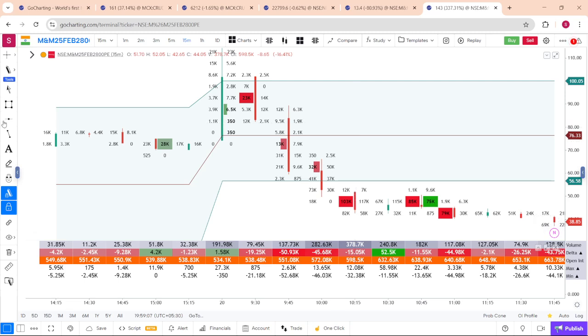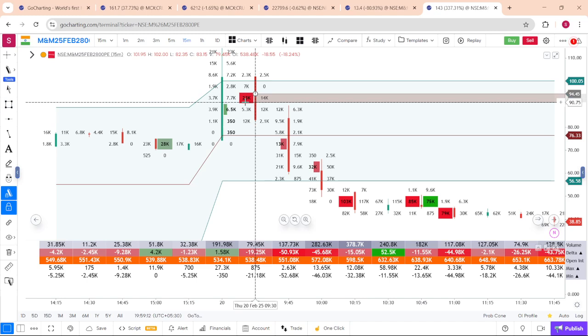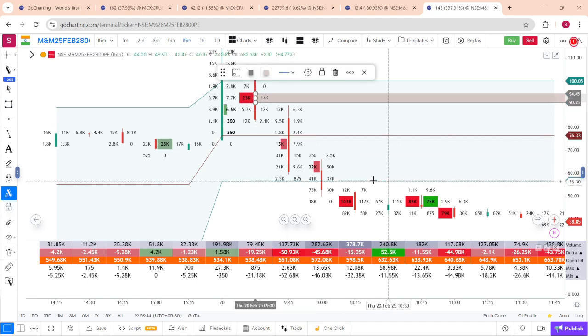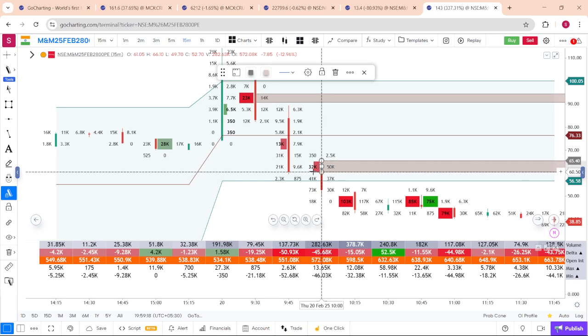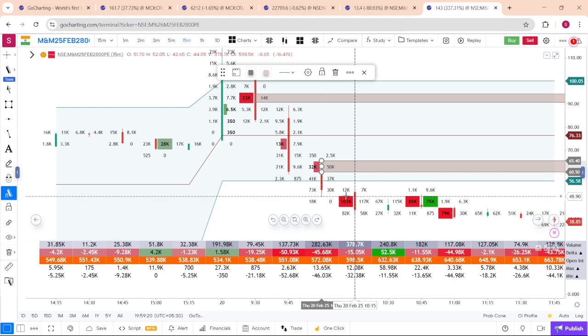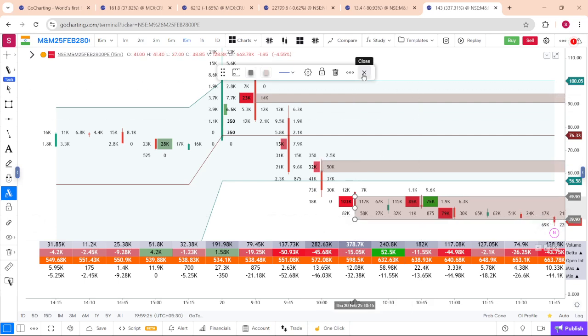So I will draw the imbalance areas of Thursday. One is here, one is here, and here so many small candles. We have to take all the good levels.